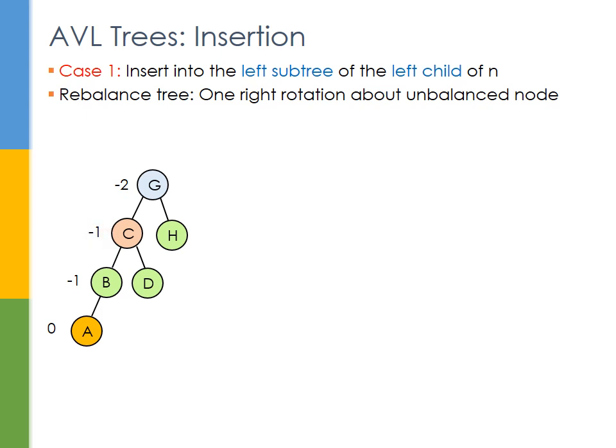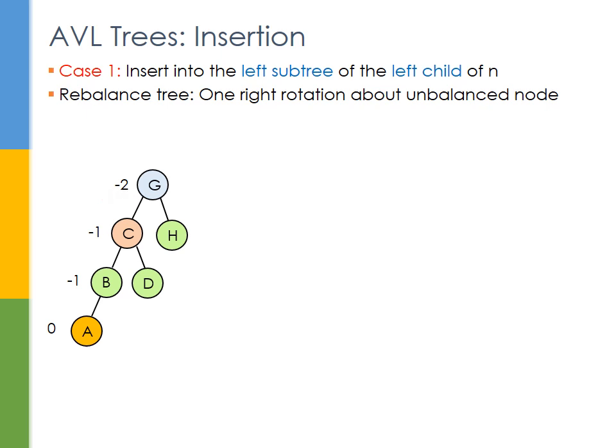Again, this is a valid balance factor. Now we get up to node G, which had a balance factor of -1, but we've inserted on the left branch of G, so we need to subtract 1 from its balance factor, and this gives us a balance factor of -2, which of course is invalid.